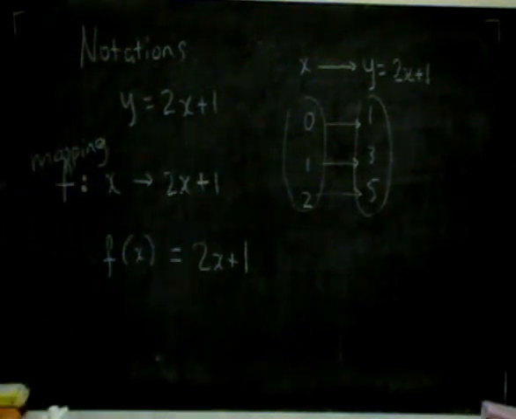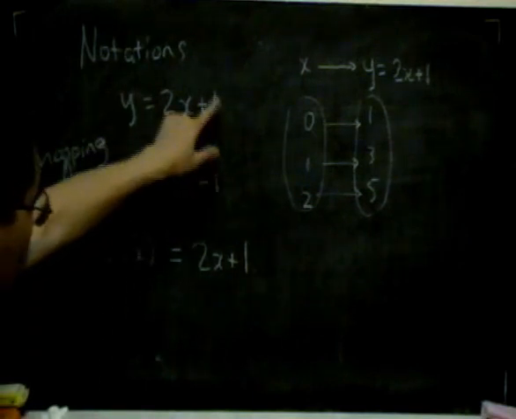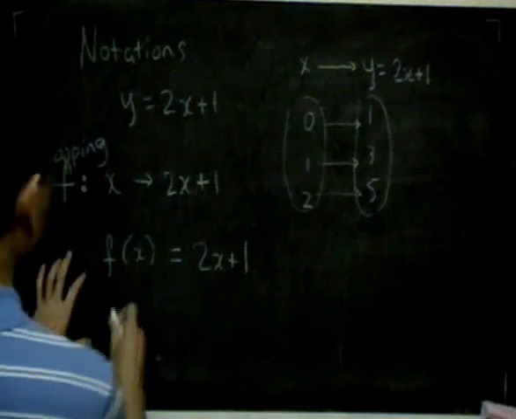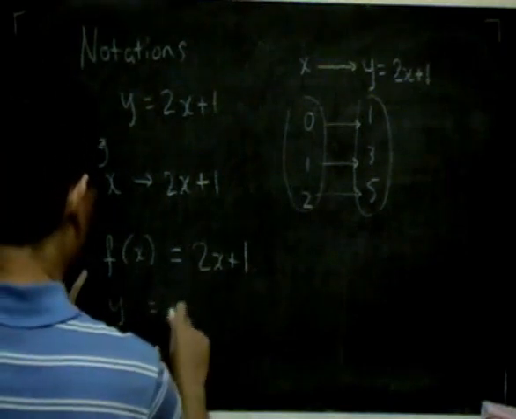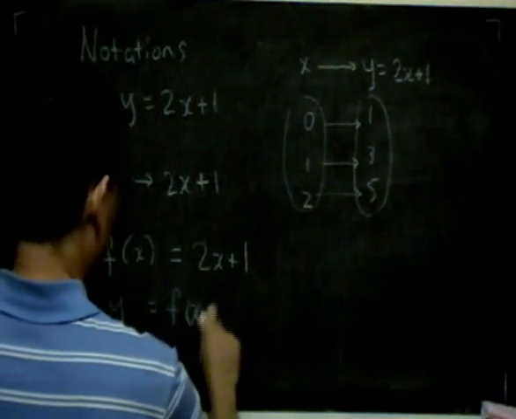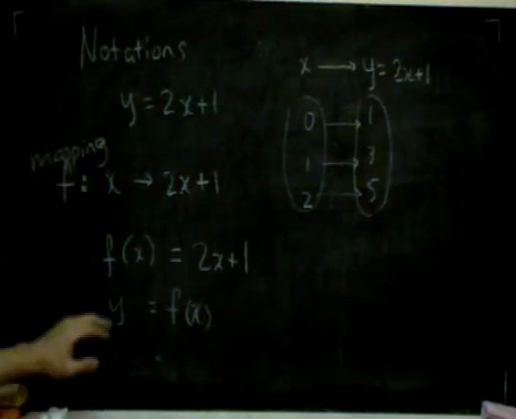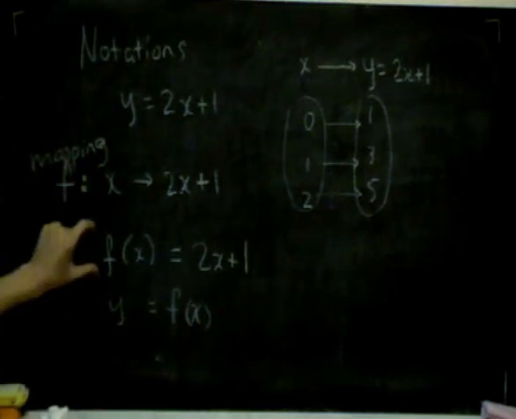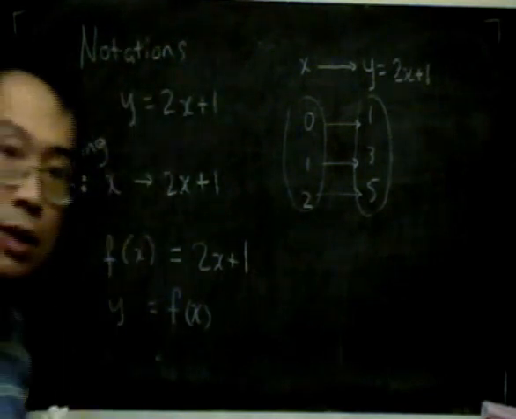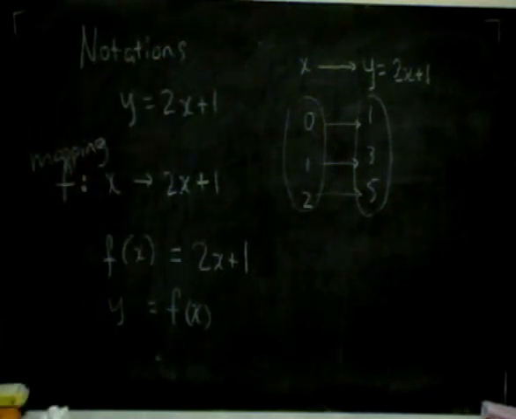So, for example, we might write this equation as y is equal to f(x). Right, so this equation here, y equals f(x), means the same thing as the equation that I started off with.